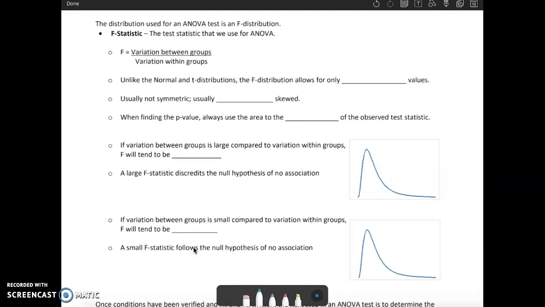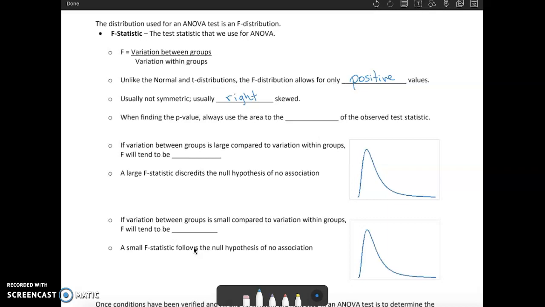Unlike the normal and T distributions that we've studied in the past, the F distribution allows for only positive values. It's usually not symmetric. It's actually typically right skewed. So it has the hump on the left and the tail extending to the right.